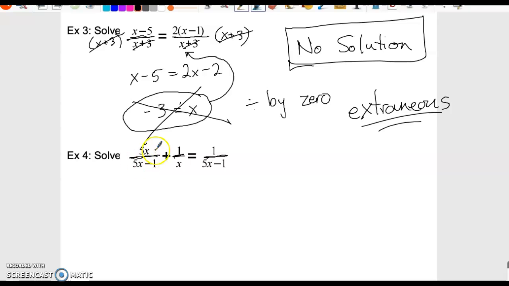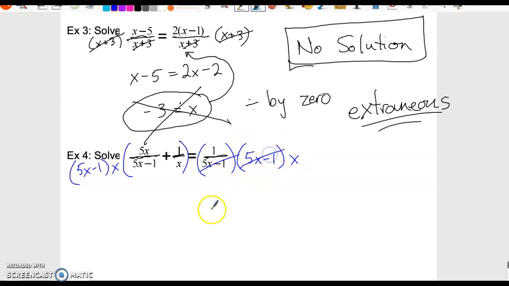Now, if I were doing this by hand without a calculator, I'd multiply both sides by 5x minus 1 and by x to cancel these out. That is your least common multiple here. So if you notice on the right side, the 5x minus 1 cancels, and you'd be left with x.